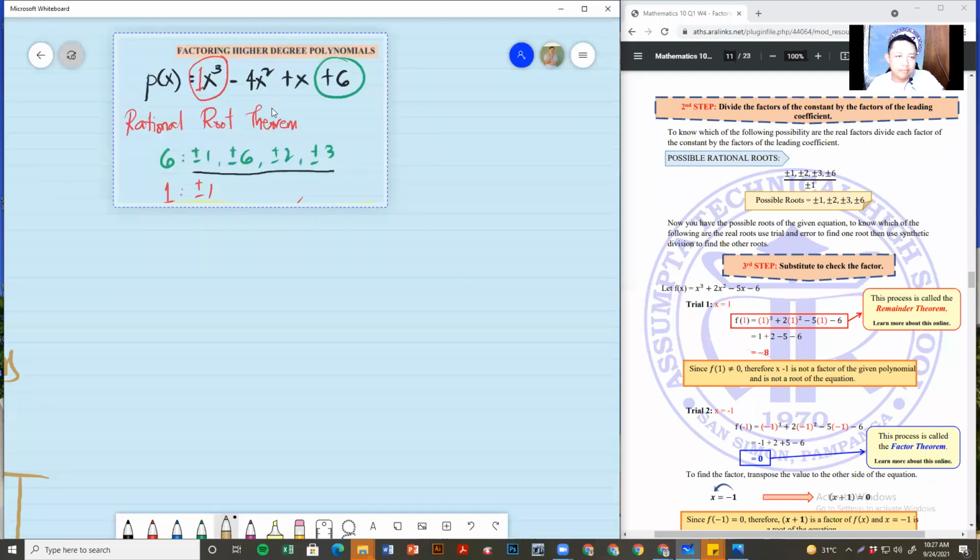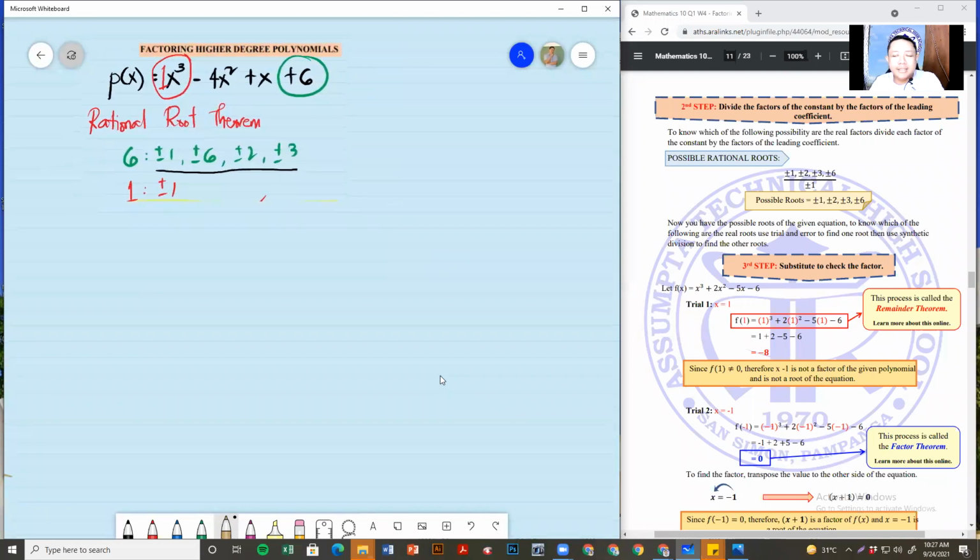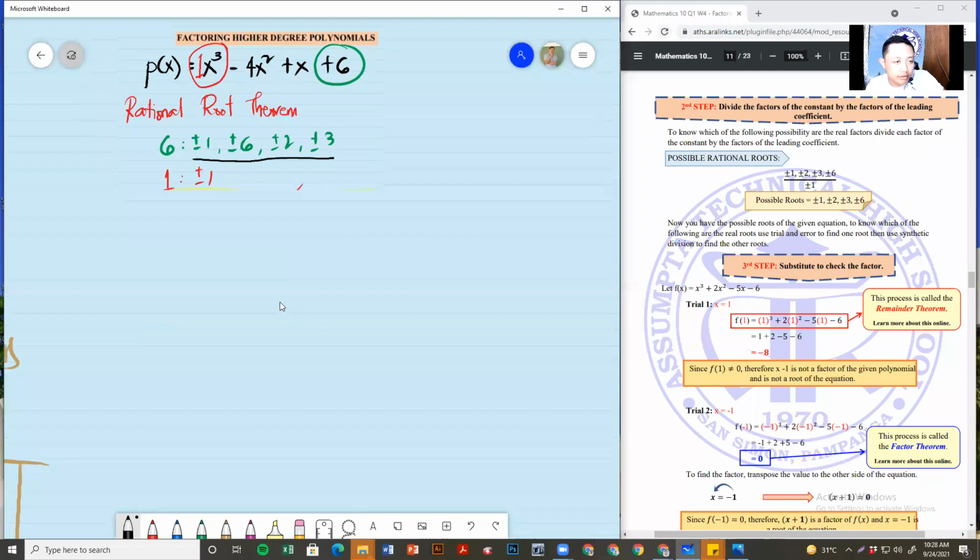Okay, this time let's solve this using a different process. Okay, but still the same. We still need to get our rational root theorem. Okay, we will still apply this. So that's by getting the factors of your constant divided by the factors of your leading coefficient. So you will end up with the possible roots, which are also the same as this.